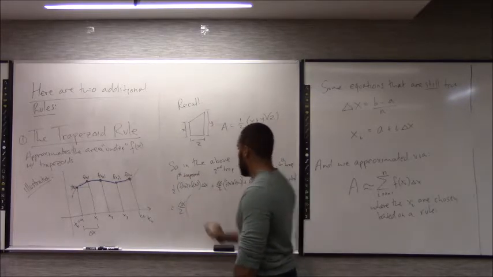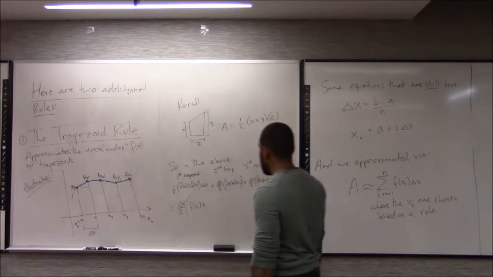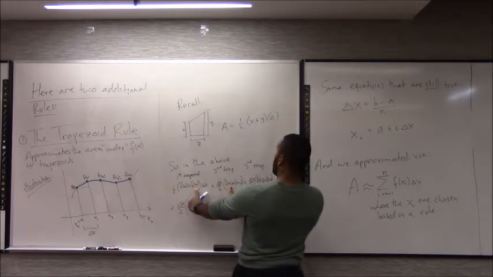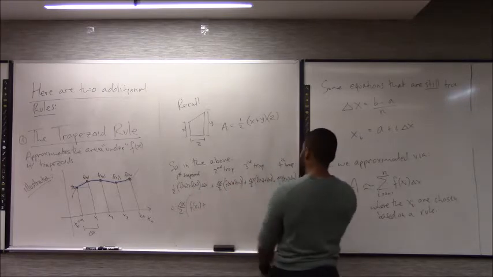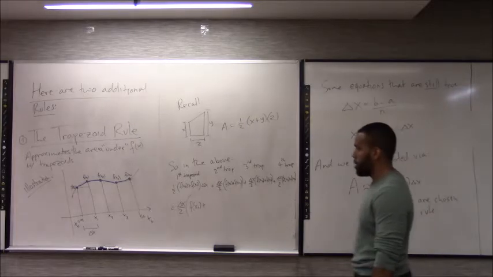What you notice now is your delta x over 2 is a common term that you can factor out. You would then be left with f of x0 plus, notice that you'll end up having 2 f of x1, you'll also have 2 f of x2, you'll also have 2 f of x3, you'll have 2 of every one except the first and the last.